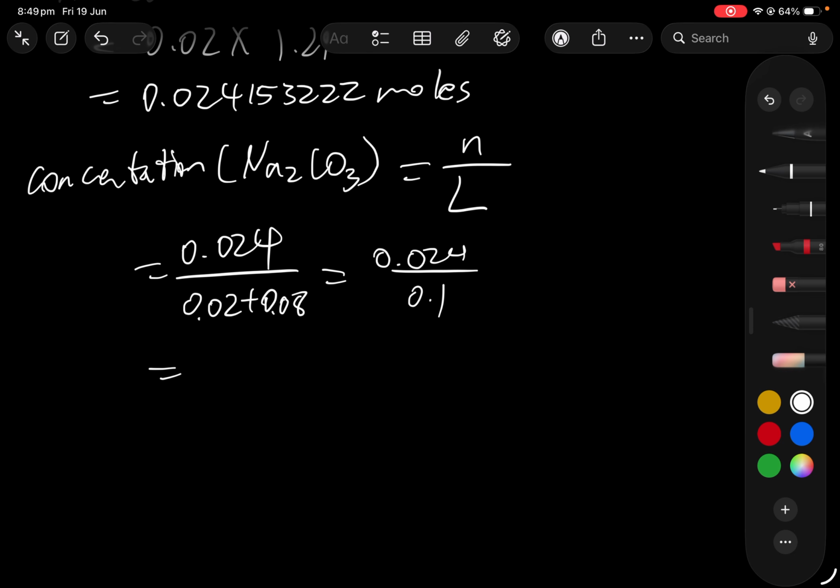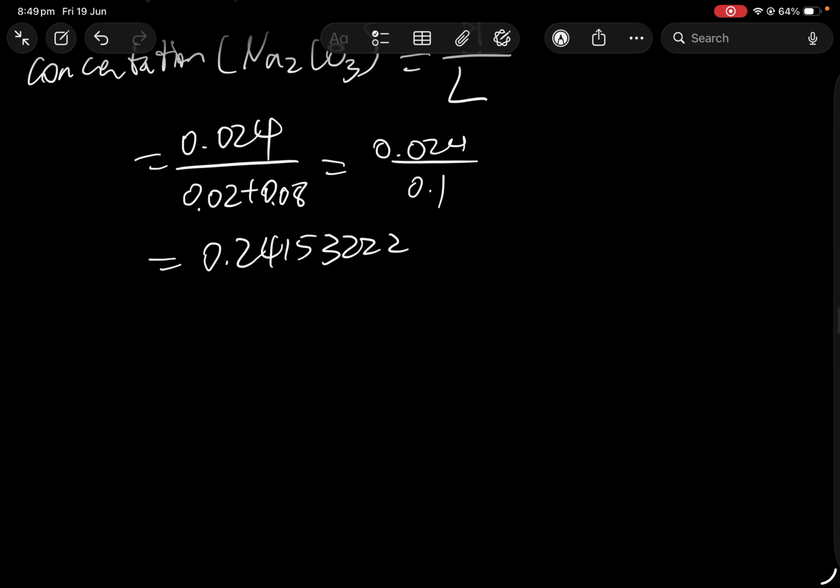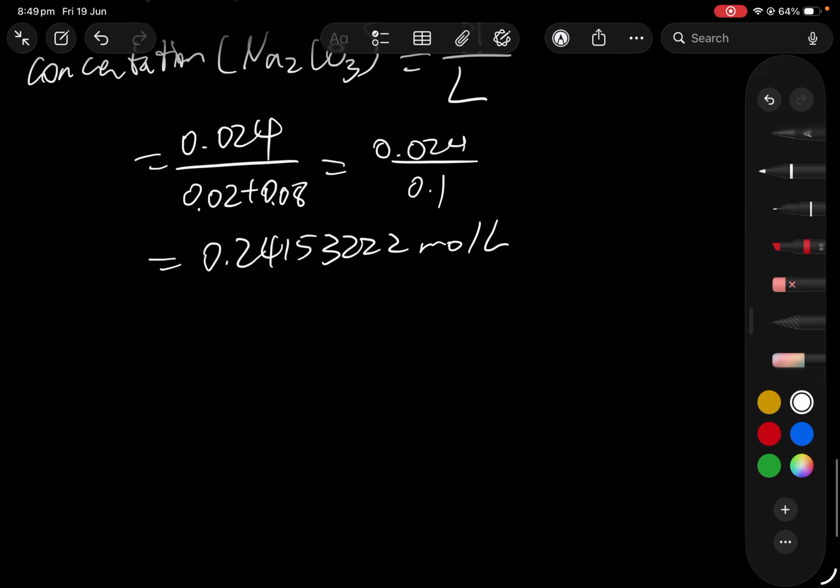Divided by 0.1, we will get 0.2415322. So that's moles per liter.